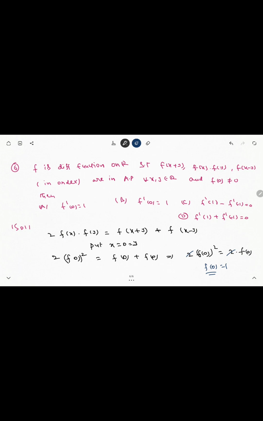Next, again replace once again. Let me write it. 2 into f of x into f of y, AP condition, f of x plus y plus f of x minus y. Substitute x equal to 0 and y equal to x.